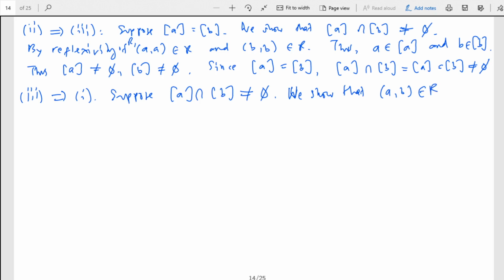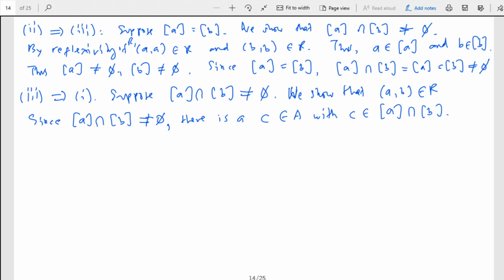Since the intersection is not empty, there is an element c of A such that c is an element of the intersection.